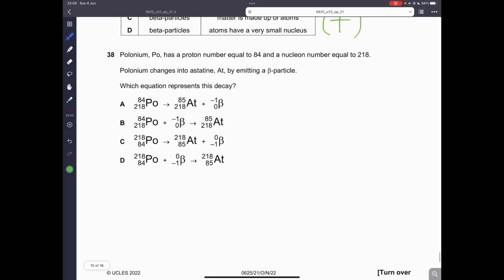37. Polonium has a proton number equal to 84, a nucleon number equal to 218. Polonium changes to astatine by emitting a beta particle. Which equations represent this decay?